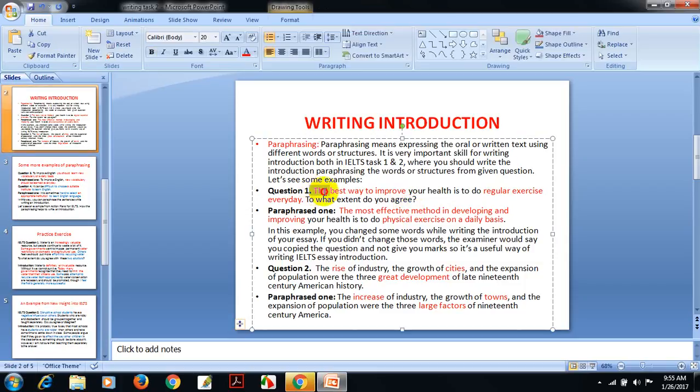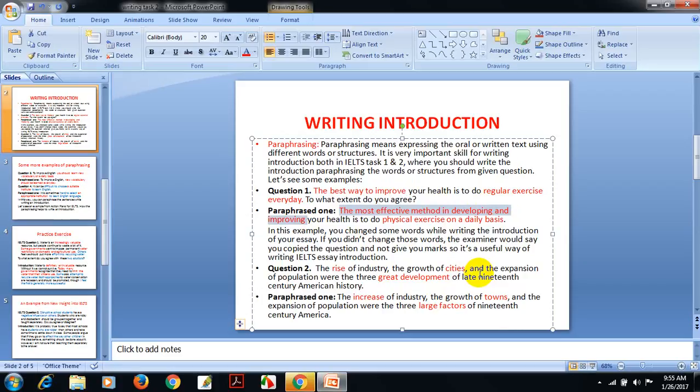The best way to improve your health is paraphrased here as: the most effective method in developing and improving.